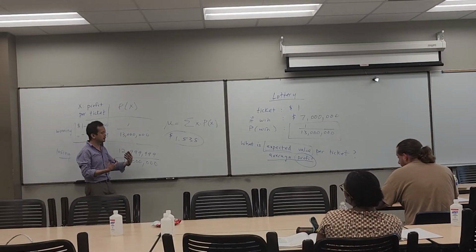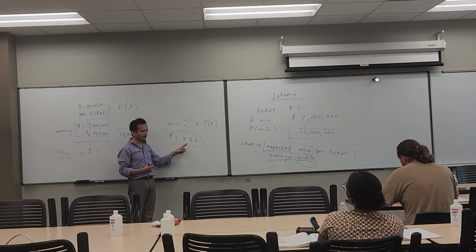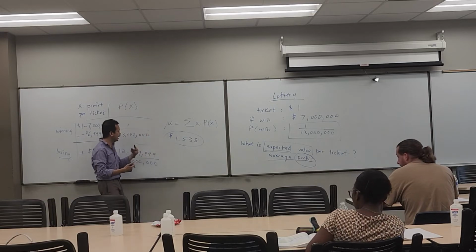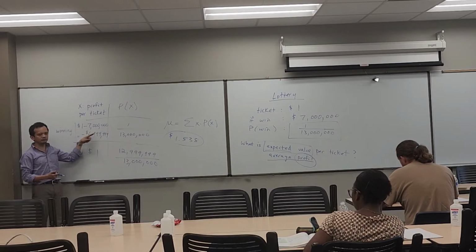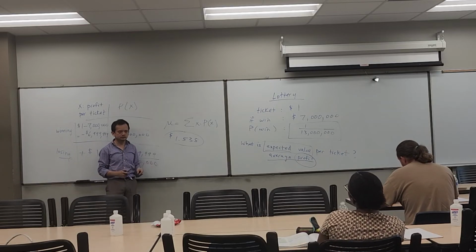Does it make sense for the government to make on average $1.50 per ticket if it's only selling each ticket for $1? No. It ends up not being able to make the full $1 per ticket because once in a while, it's paying out the $7 million. So whatever answer we get, we expect that it needs to be less than $1.